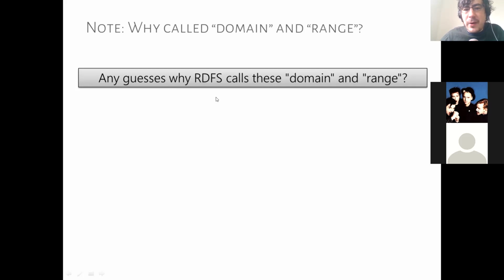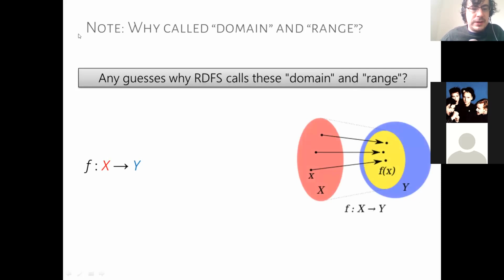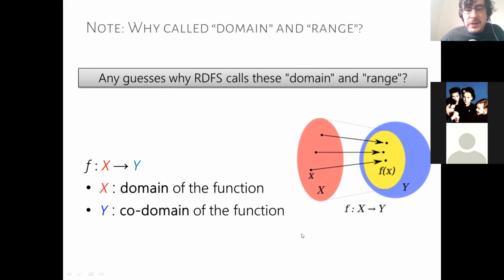Briefly, as to why RDFS calls these things domain and range: when we look at functions in the mathematical sense, if we have a function f that maps instances of x to instances of y, then the set x, for which the function is defined, is called the domain of the function. Y, the set to which it maps elements of x, is called the codomain of the function.